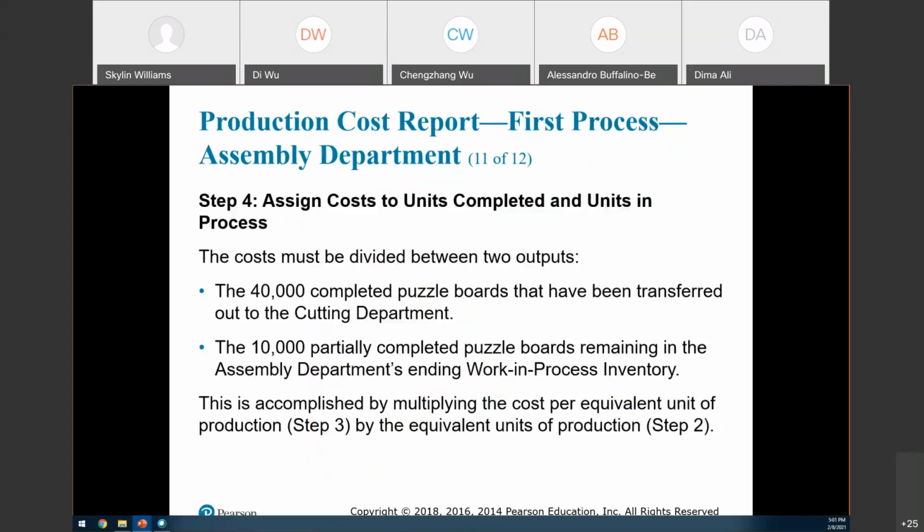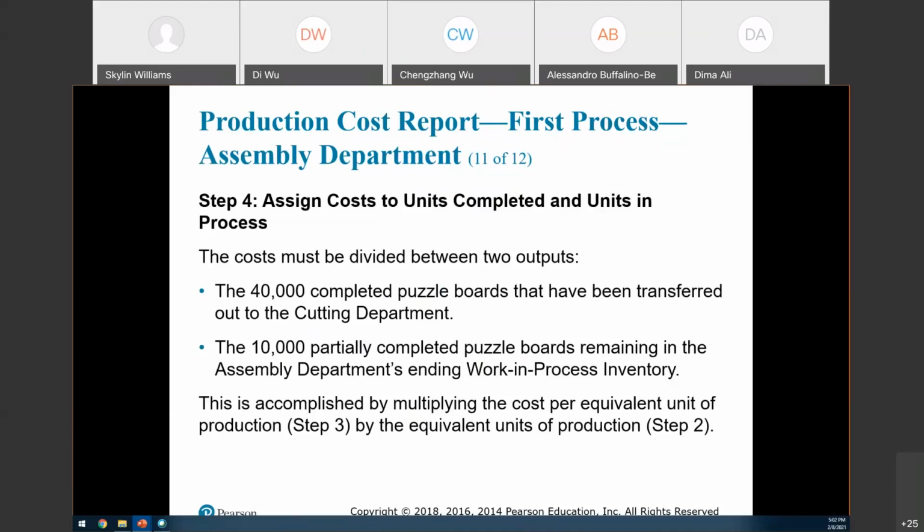And the last step is to assign the cost to units completed and units in process. The cost must be divided into two outputs. The first part is the completed part. It shows the completed units.